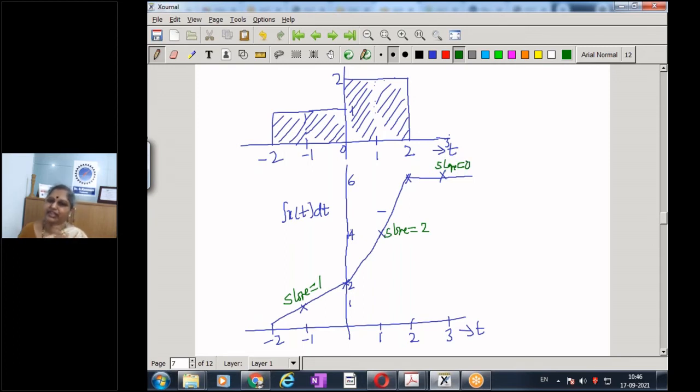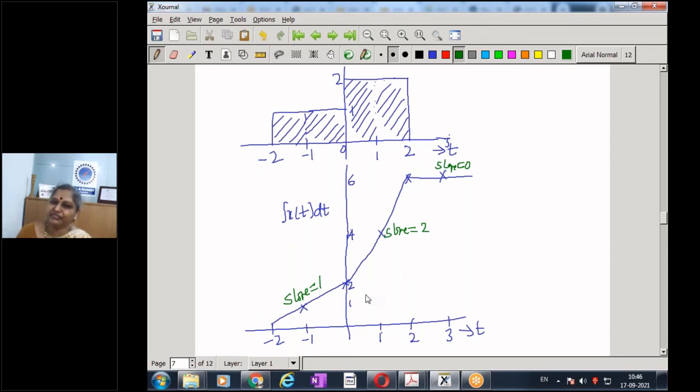So we are having 3 lines, each having a different slope. When we draw by freehand, of course, it will not be so clear. But did you follow? Now we have taken a signal, we did the integration. Now I want you to do differentiation of the signal and see whether we get back the earlier signal.